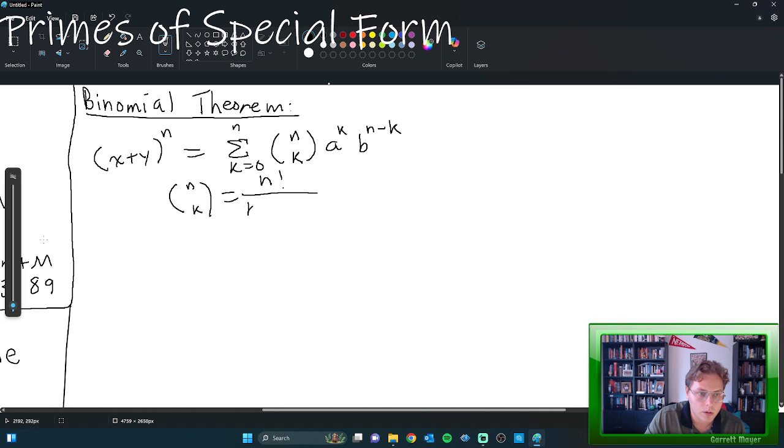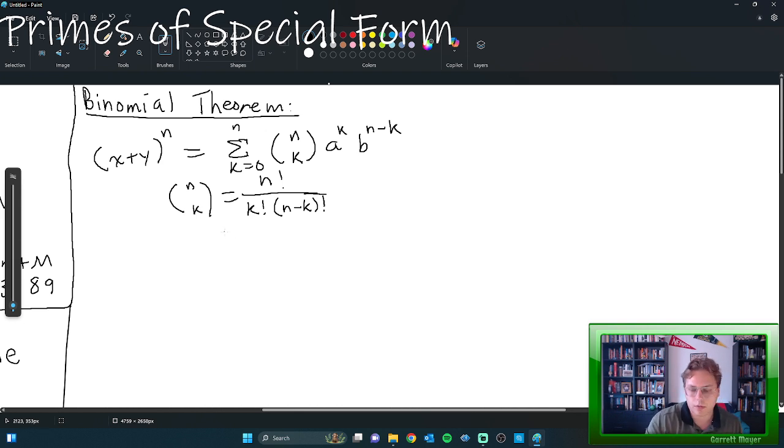But the basic point here is that this symbol refers to the number of ways to choose k of something when you're choosing out of a total of n. It's the number of ways, like drawing from a hat to make k selections without order, when you're drawing from n possible selections.